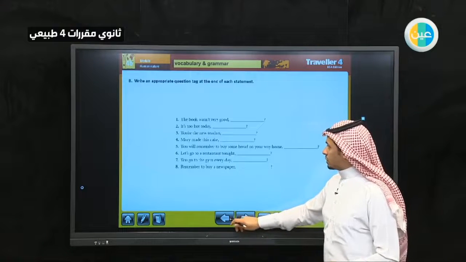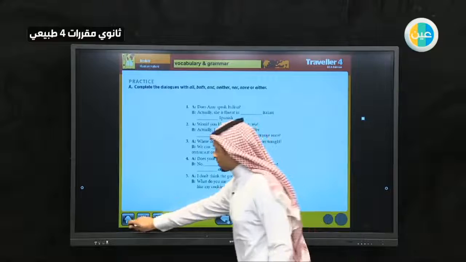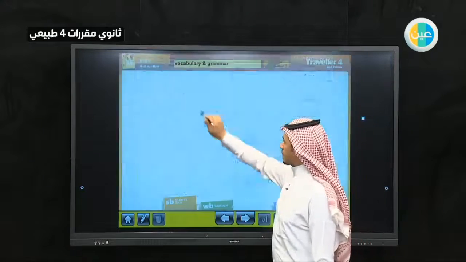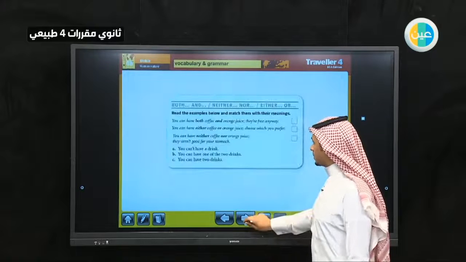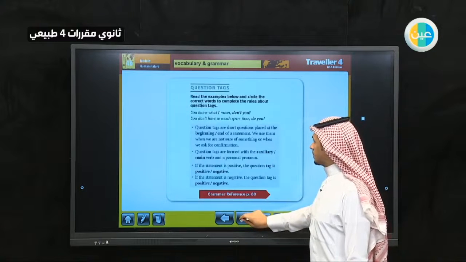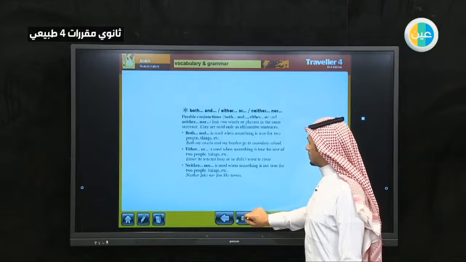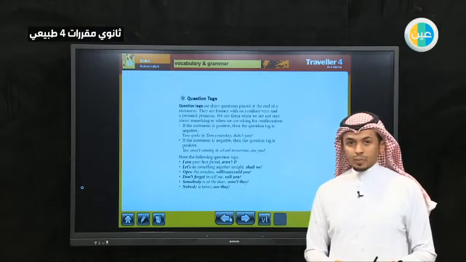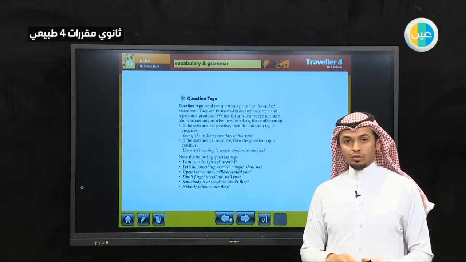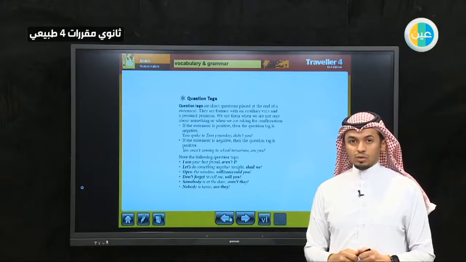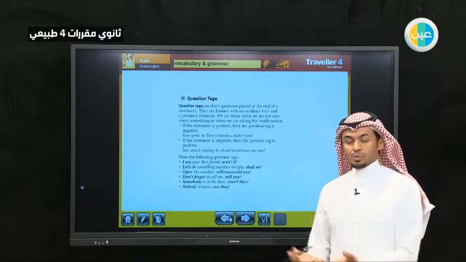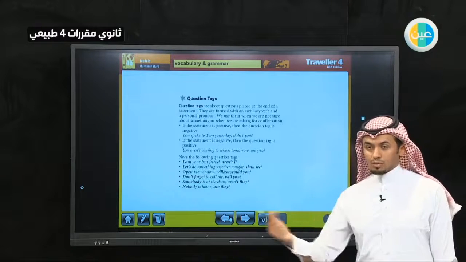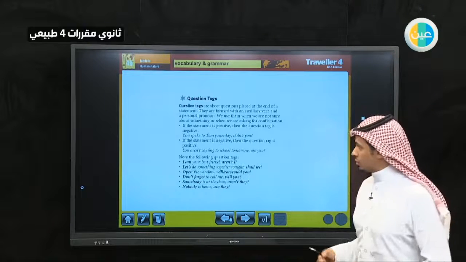And now let's head to something else, which is the tag questions. Tag questions, for instance, if I say, this car is beautiful, and I want to take your opinion, or I say, is this car beautiful?